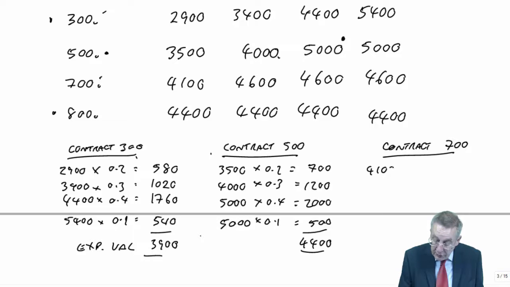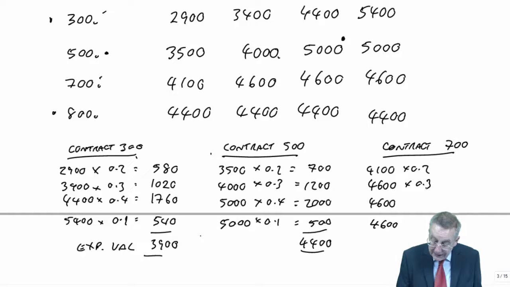It's 4,100, 4,600, 4,600, 4,600, with 0.2, 0.3, 0.4, 0.1.